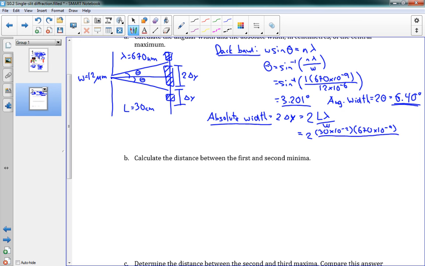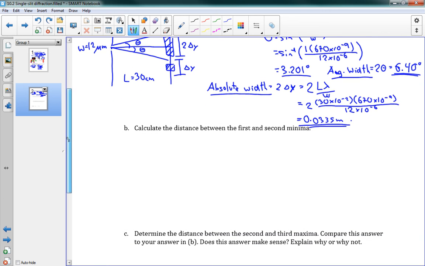And our width was 12 times 10 to the minus 6. If we do that, we get our 2 delta y is 0.0335 meters. There we go. So that's our absolute width. That is our angular width, and we're done.